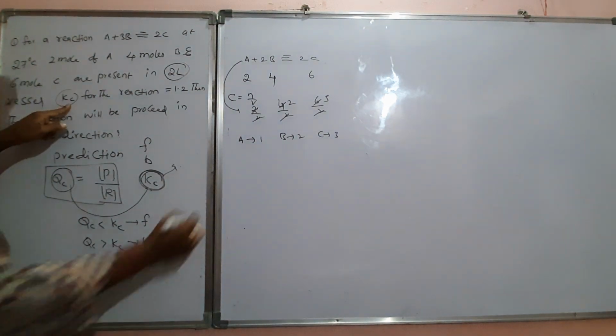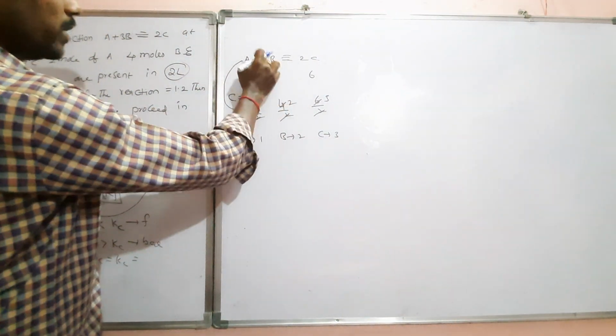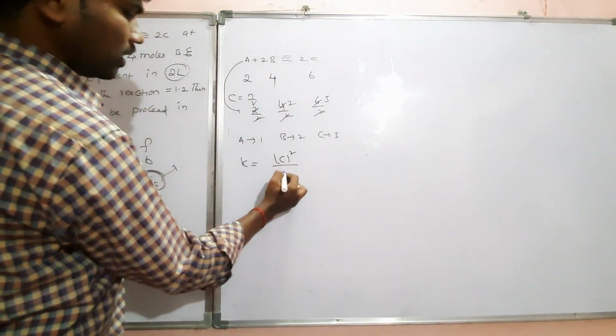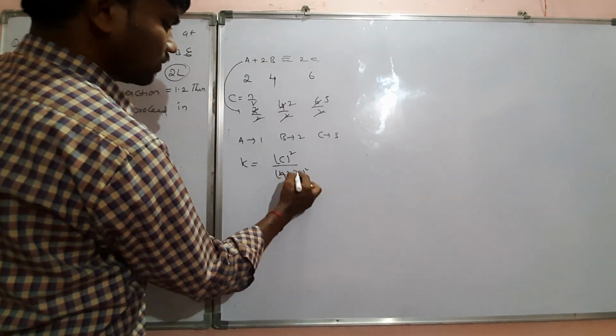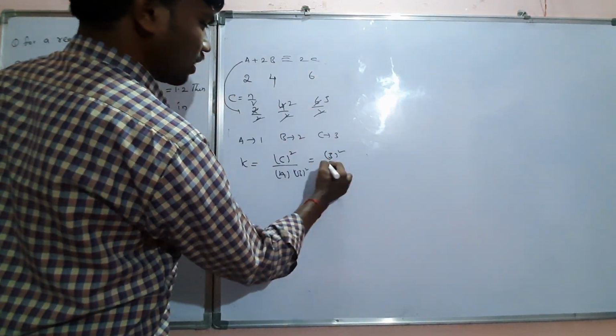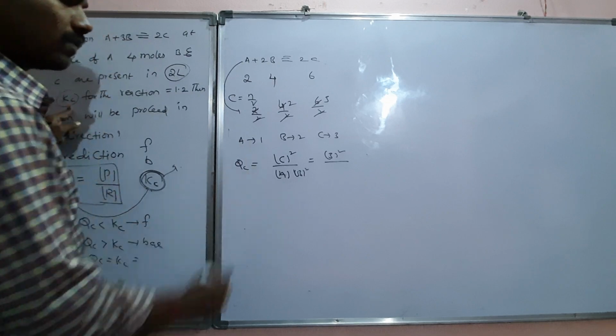Then you calculate the Kc value. Kc is product concentration by reactant concentration, so C squared upon A into B squared. Sorry, this is Qc we are calculating, not Kc.